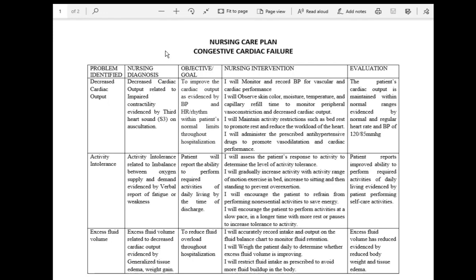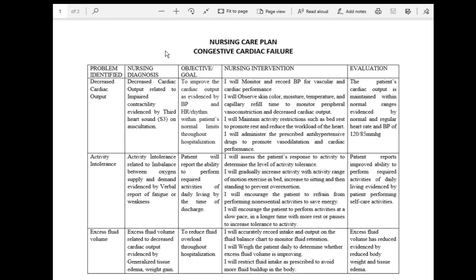And our last point is I will administer the prescribed antihypertensive drugs to promote vasodilatation and cardiac performance.